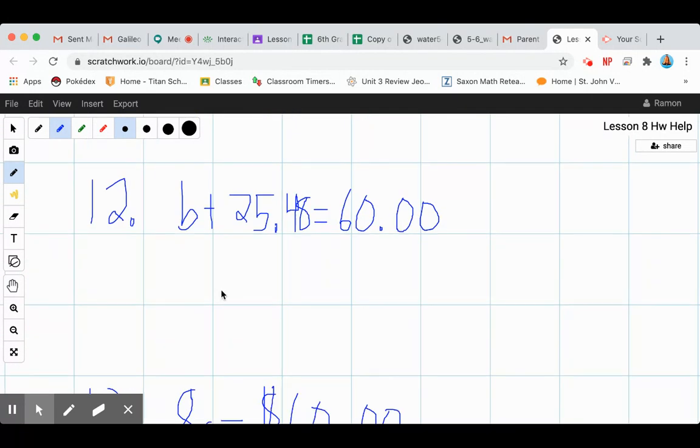Now for B, or 12, we have B plus $25.48 equals $60. Again, inverse operations are going to come into play here because we want the opposite of addition, which is subtraction.